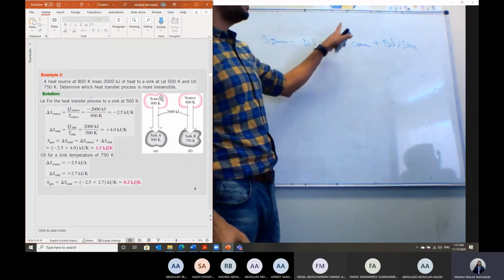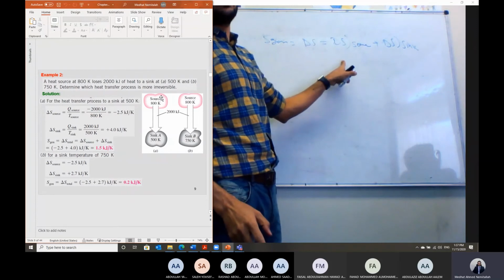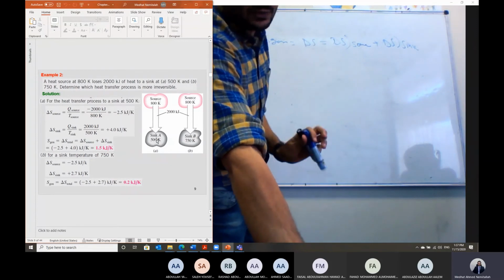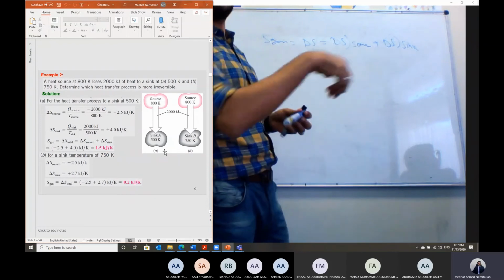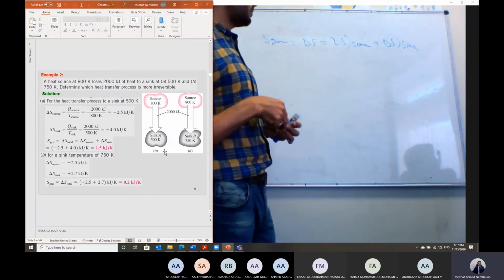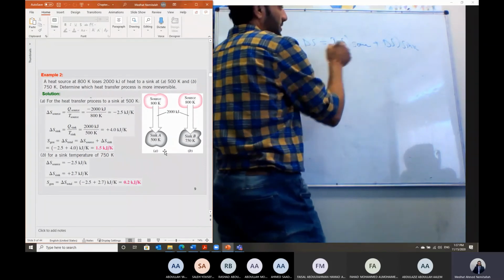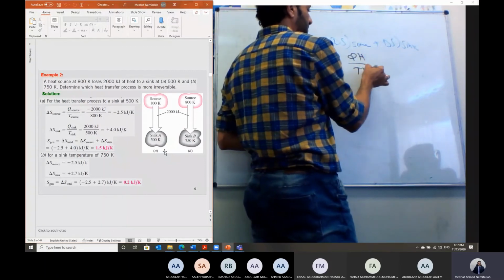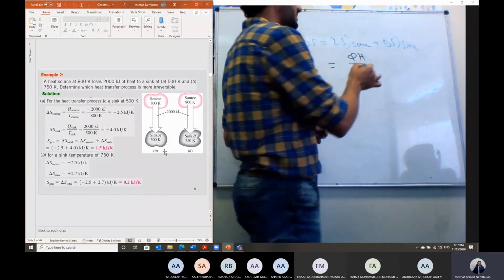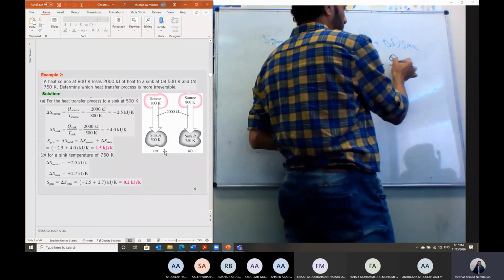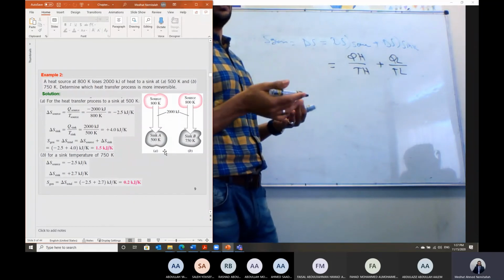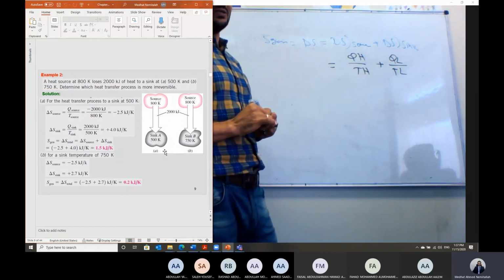So delta S should equal directly the heat transfer divided by T. And it is absorbed by the sink at also a fixed temperature. So in this case, delta S will equal Q over T. So delta S will equal delta S for the source, which is Q high divided by T high, plus delta S of the sink, which is Q low divided by T low, as heat is rejected or absorbed at fixed temperature.